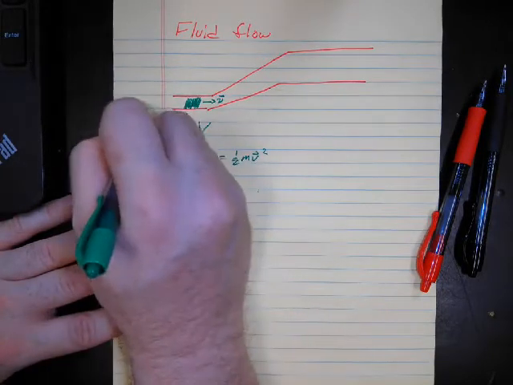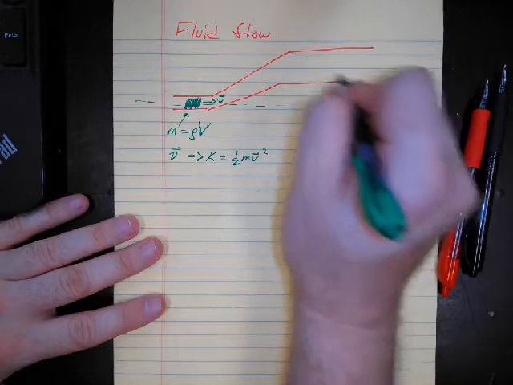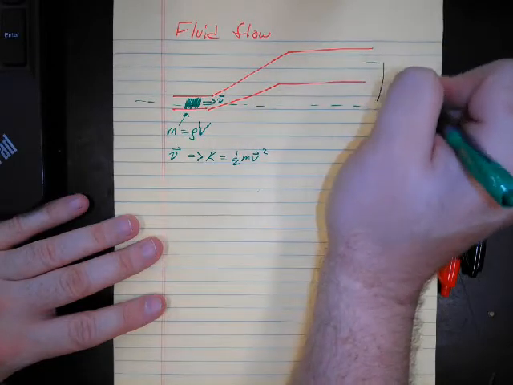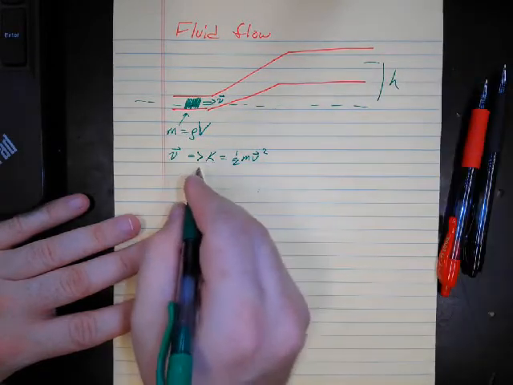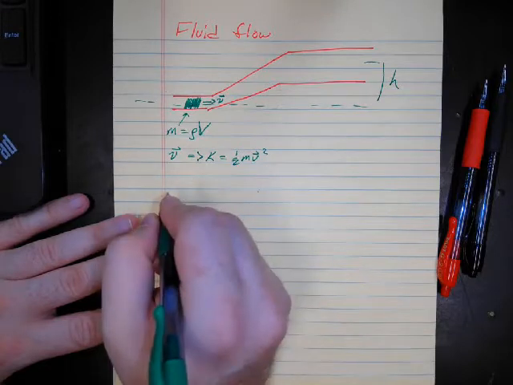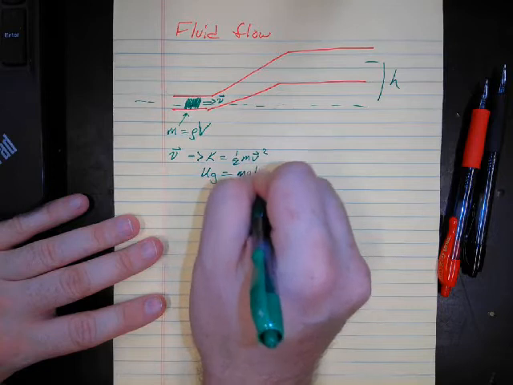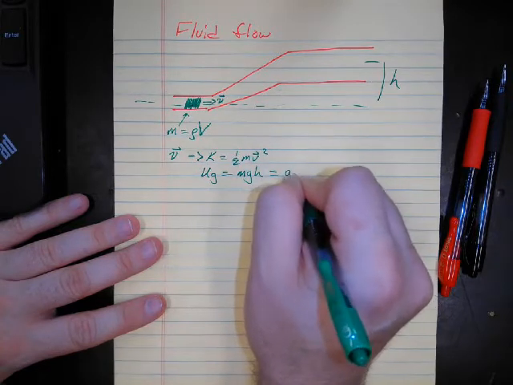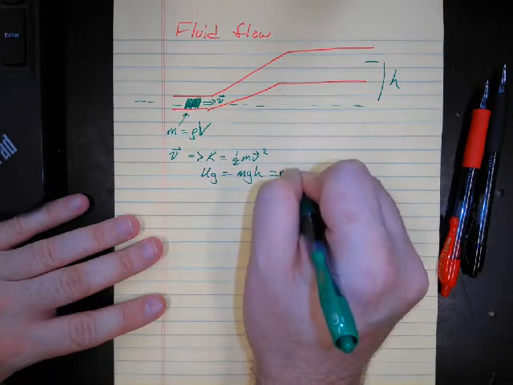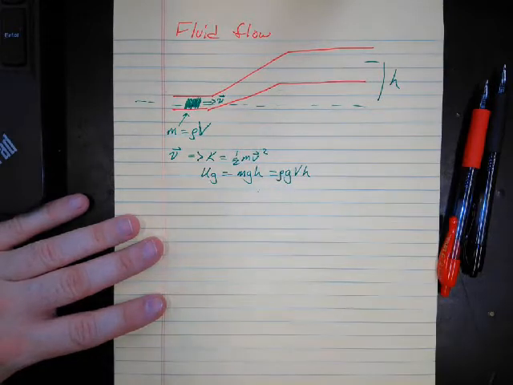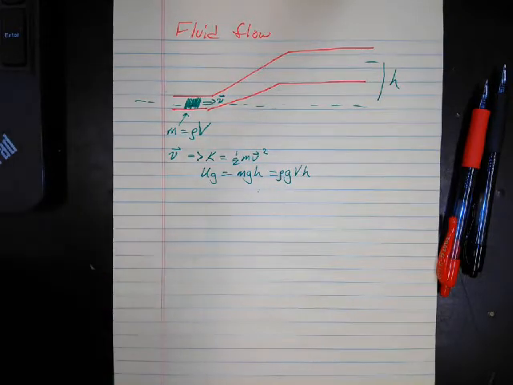We can also put it in here, and we're going to measure height here. So it could have some potential energy as well, which would be mgh, which is rho g V h.